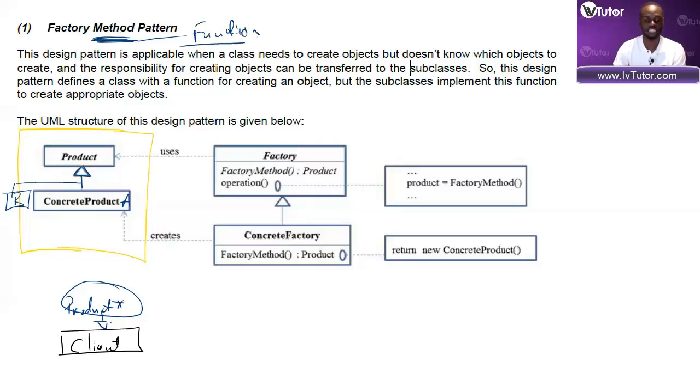We've got a function sitting inside your factory that is responsible for creating those instances, and that is this part here that was being described, where you've got subclasses implementing this function. So a factory is simply a class that has at least one function responsible for creating instances of type product. Which means if you look at this UML class diagram, you realize that the return type of your factory method or your function is a product.